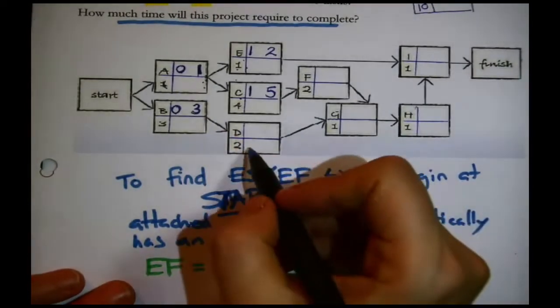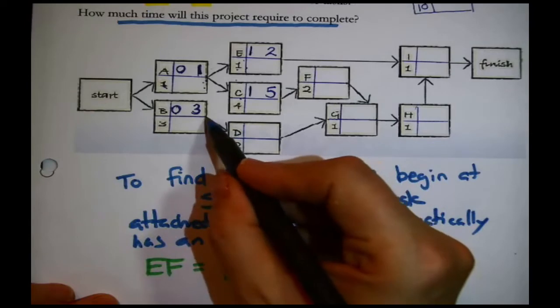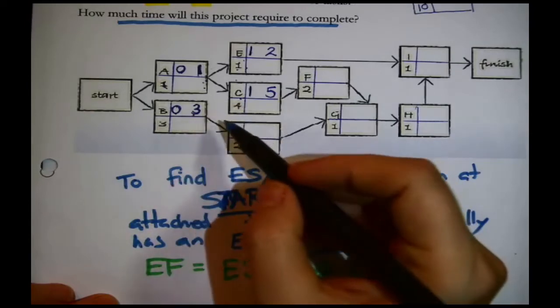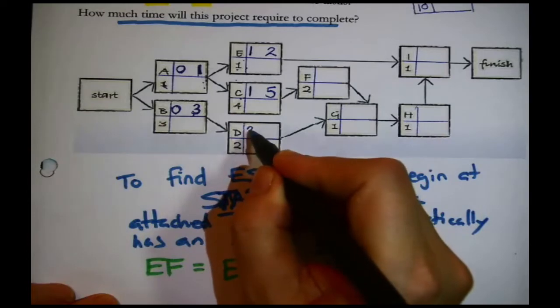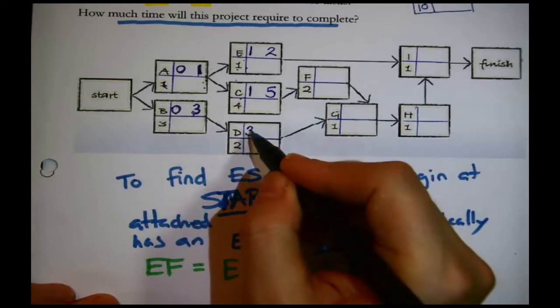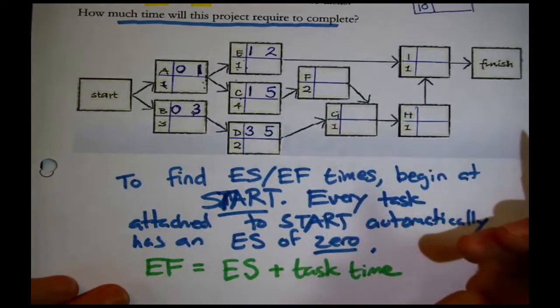Who else? I'm looking at D. D cannot be started until, what's the arrow mean, B is finished. B could be finished at the earliest in 3 days, so pass that number forward. D could start at the absolute earliest in 3 days. 3 plus 2 is 5. The earliest it could be finished is also 5 days.